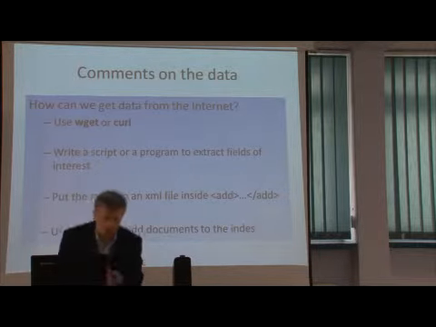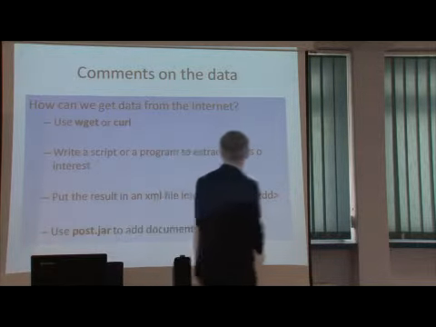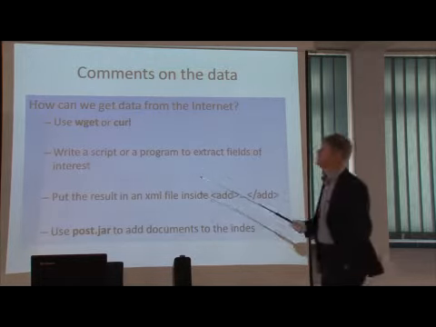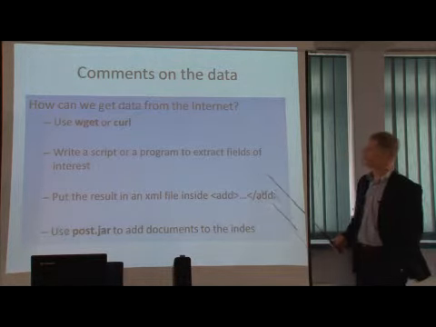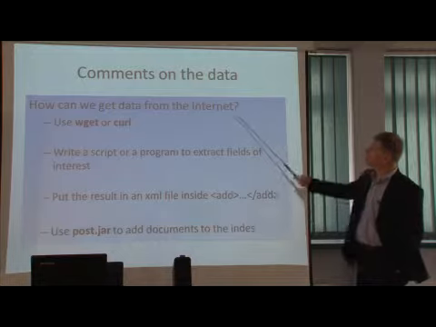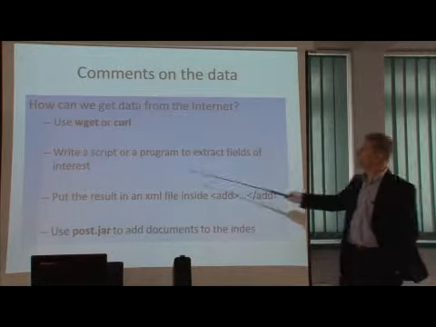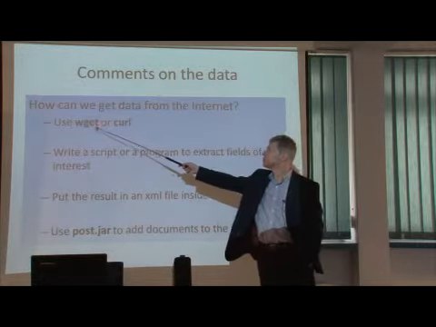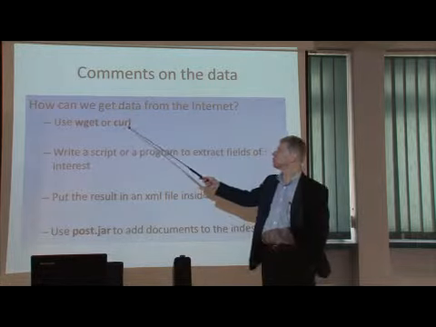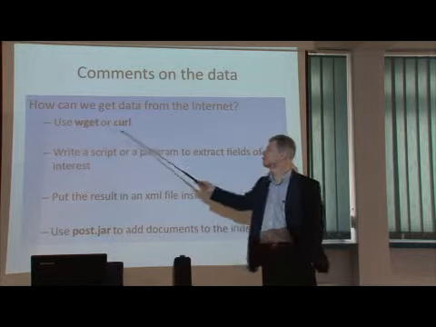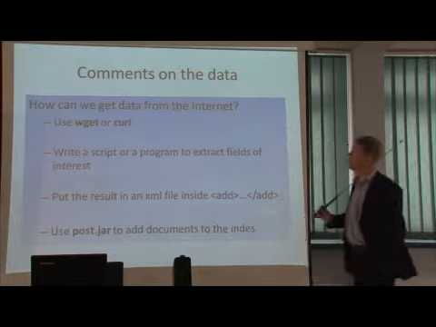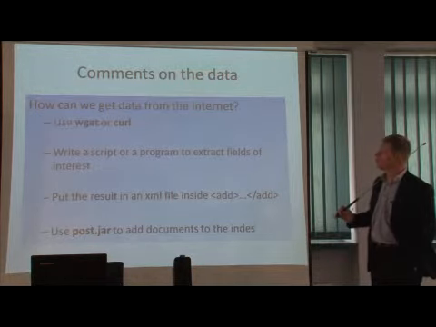So I already mentioned that, but for the sake of having it all in the slides: how do we get data from the internet? You can use Nutch, or you can use wget or curl. This gives you relatively good control over how you get your data.